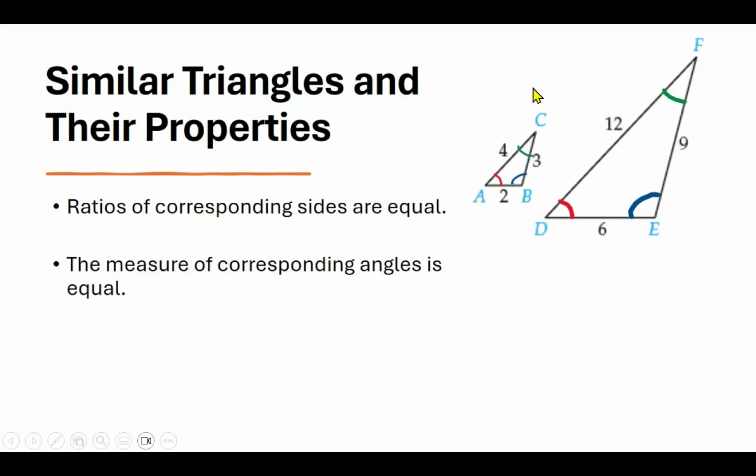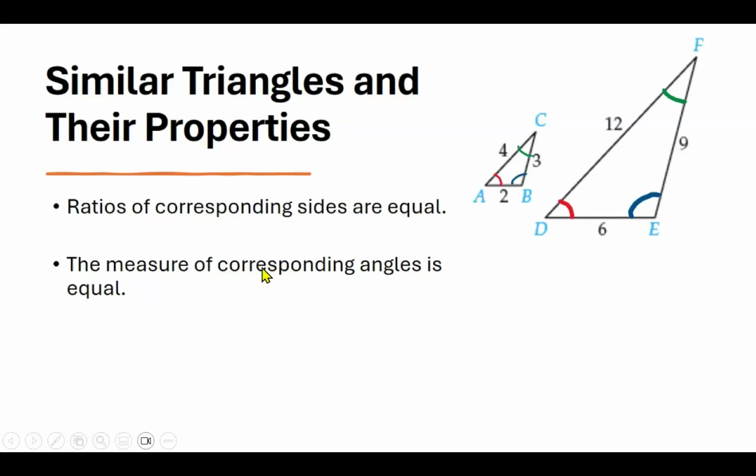And so if I now pick, let's say, C on the smaller triangle, which is in green, the corresponding one on the larger one would be F, because it's at the same location. Top angle matches top angle, bottom right angle matches bottom right angle, and left bottom angle matches left bottom angle. So those angles need to have exactly the same measurement.